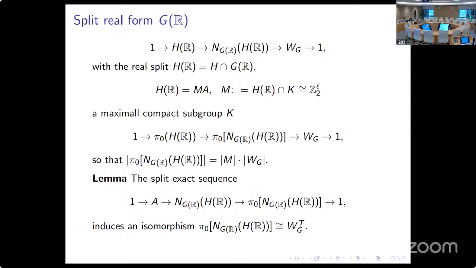The split real form is the one where the Cartan subgroup's connected component is a vector group, and the other part is just copies of Z2. So you can think of these normalizers as extensions of the connected component, the A part.